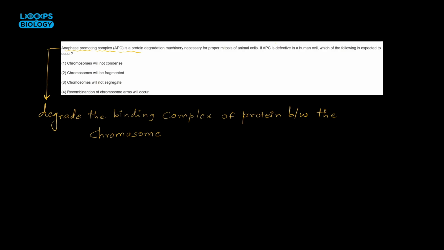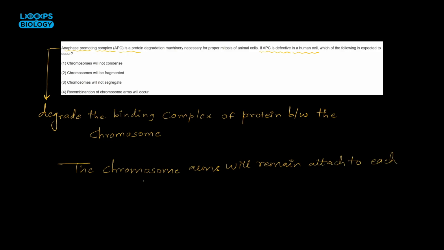Alright, if APC is defective in a human cell, that means the chromosomes will remain attached to each other. The chromosome arms will remain attached to each other, and sister chromatids won't be able to get separated.